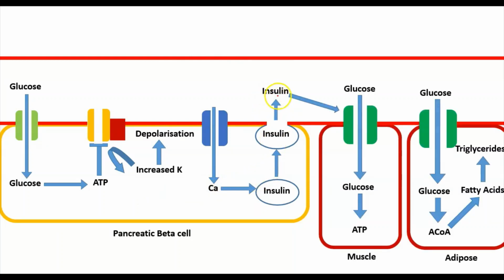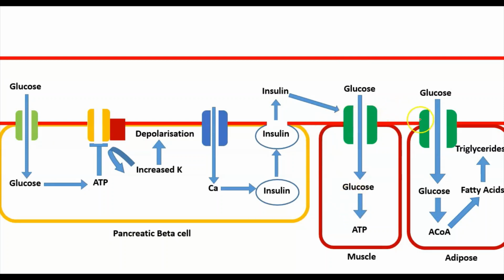The role of insulin is to then unlock these GLUT4 channels to allow glucose to then enter cells of the body. For example, muscle cells, which obviously need a lot of glucose and subsequently ATP in order to perform its function.